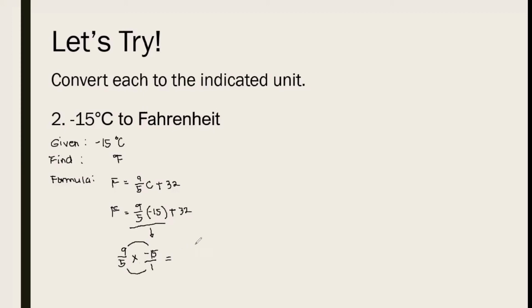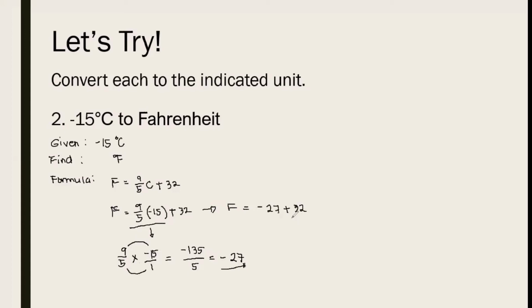So this will result into negative 135 over 5. And take a look, we can still simplify this fraction, and this will be equal to negative 27. Let me rewrite the equation here. F is equal to negative 27 plus 32.